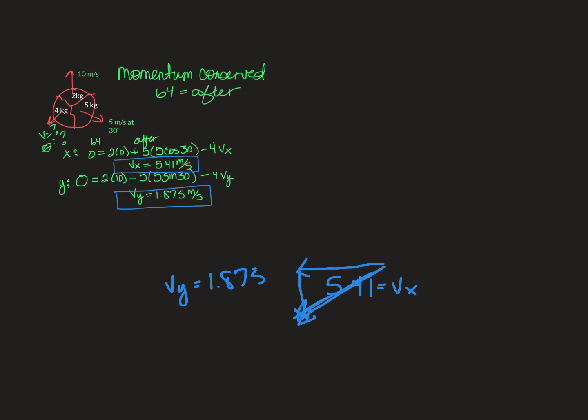We want the resultant. So a squared plus b squared equals c squared. 5.41 squared plus 1.875 squared is equal to our overall velocity squared. The square root of the answer is 5.73.